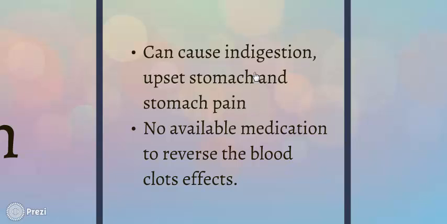The most important is that there is no available medication to reverse the blood-thinning effect in case of intoxication. Another disadvantage is that it can cost a lot more than Warfarin. Also, this drug has a very short life in the body.